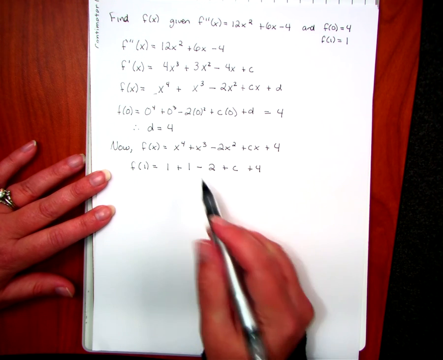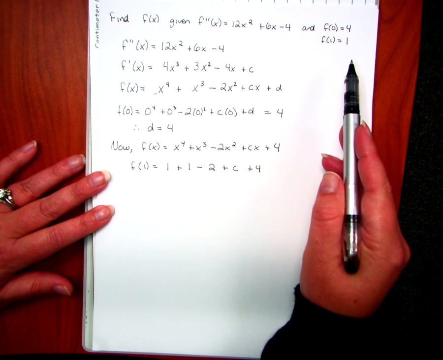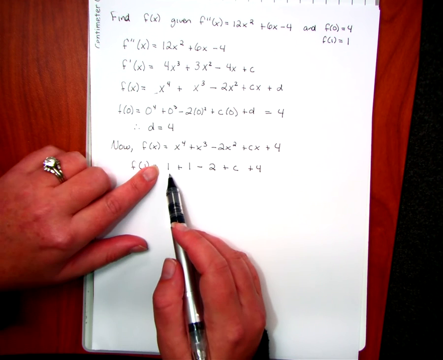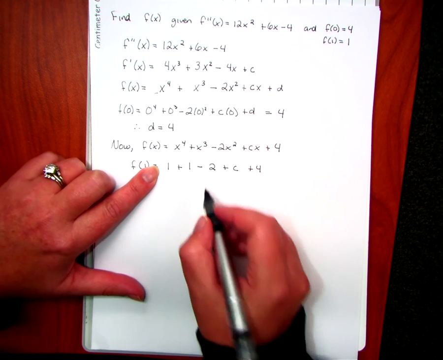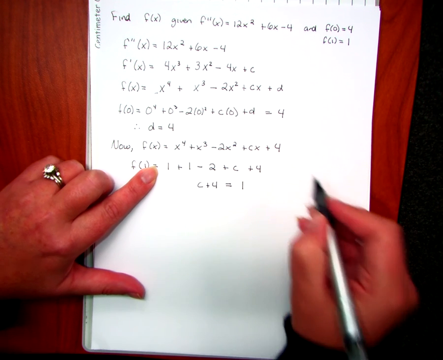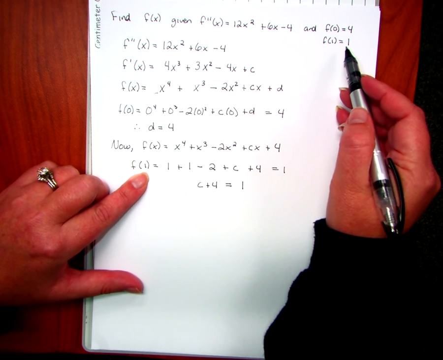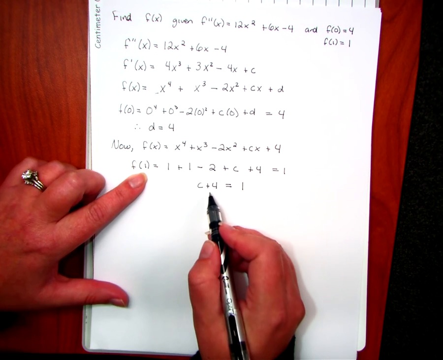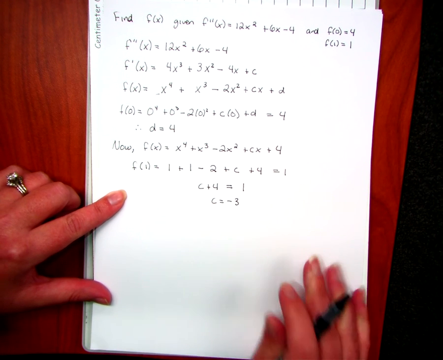Now all of this, f of 1 should equal positive 1. So I'm going to go ahead and simplify this. 6 minus 2 is 4. So I basically have c plus 4 equals 1, because f of 1 should equal 1 according to the point I was given. And so that forces c to be negative 3.